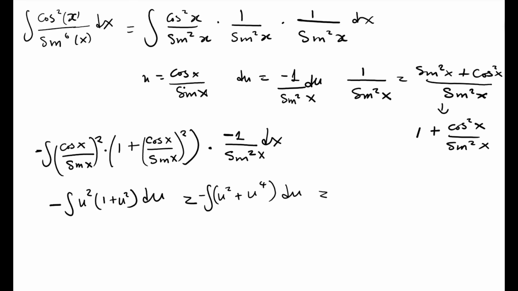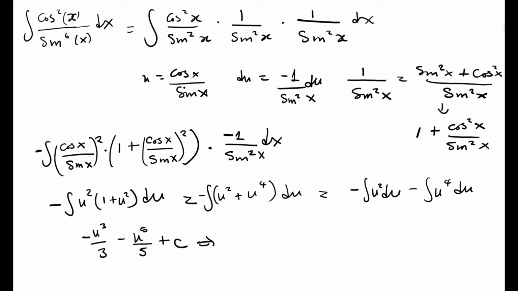You do each separately: minus the integral of u squared du minus the integral of u to the power 4 du. This will give minus u to the power 3 over 3 minus u to the power 5 over 5 plus c.